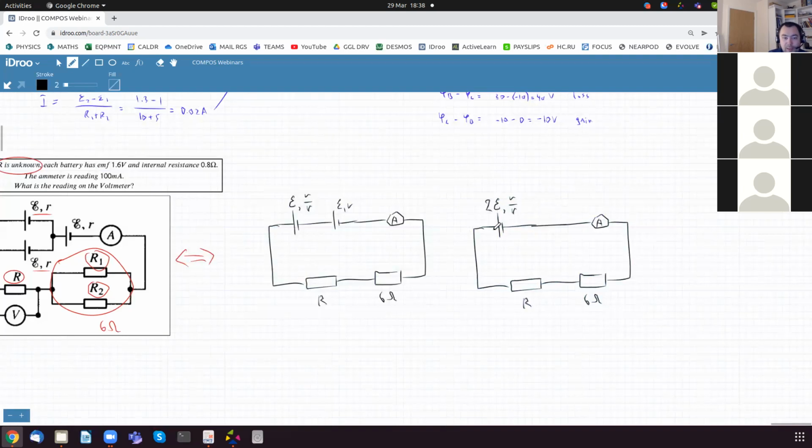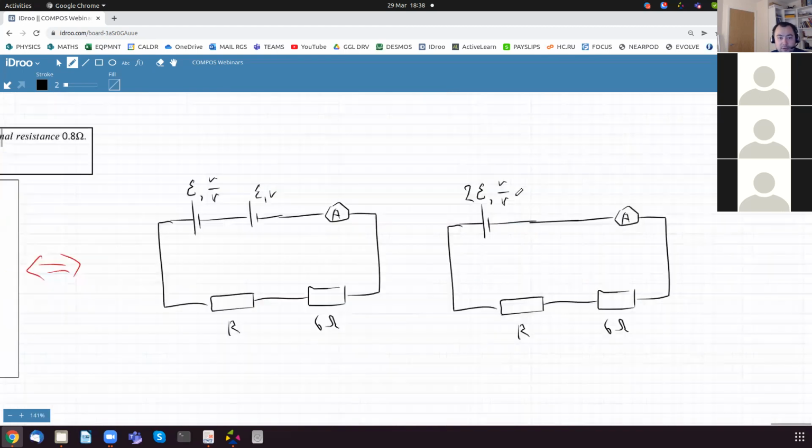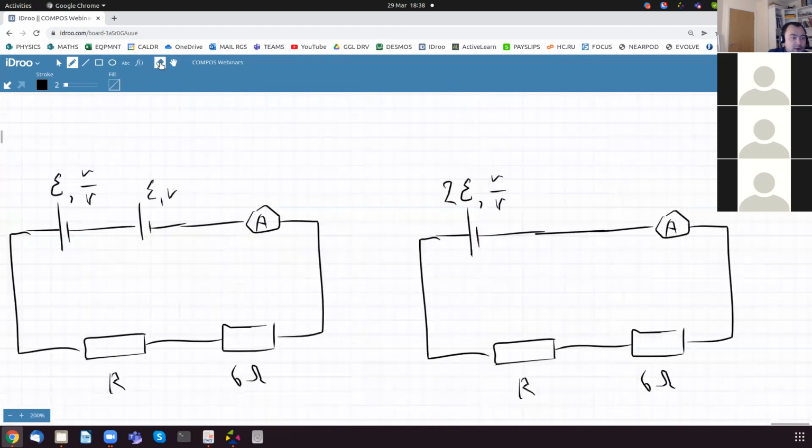And this one, this is R over 2. It's supposed to be R over 2. And the total resistance is going to be 3R over 2. So in other words, so EMF is what?